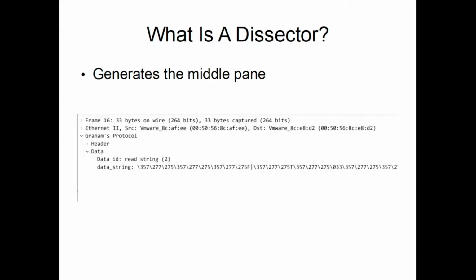But the function of that code is to create this stuff you see here in the middle pane on Wireshark, the tree output. So the function of the dissector is to figure all these things out, like the header, the data, and the various fields, and to insert them into the tree.